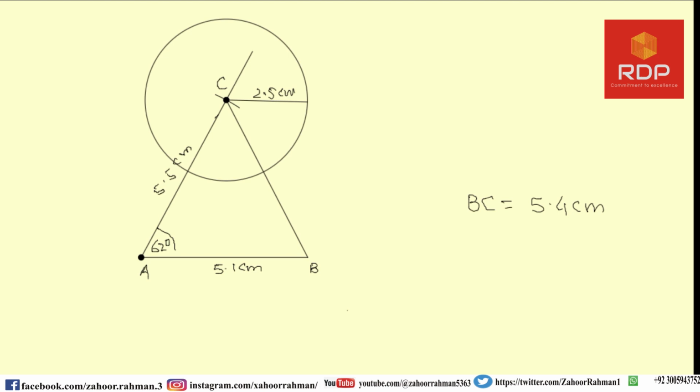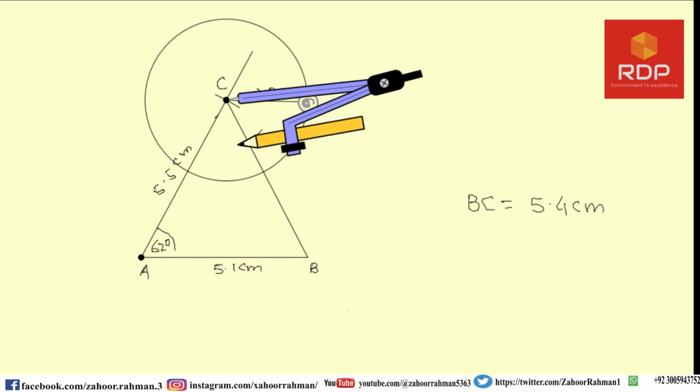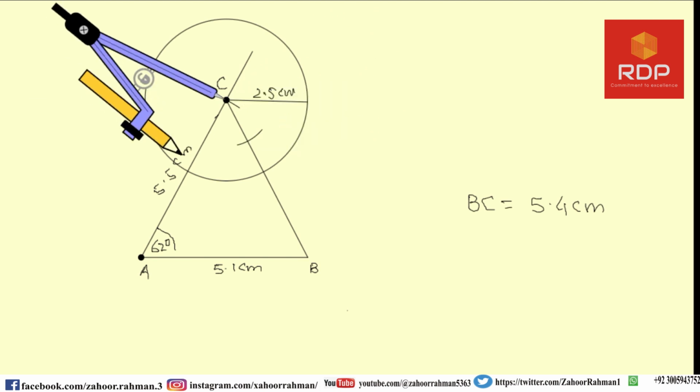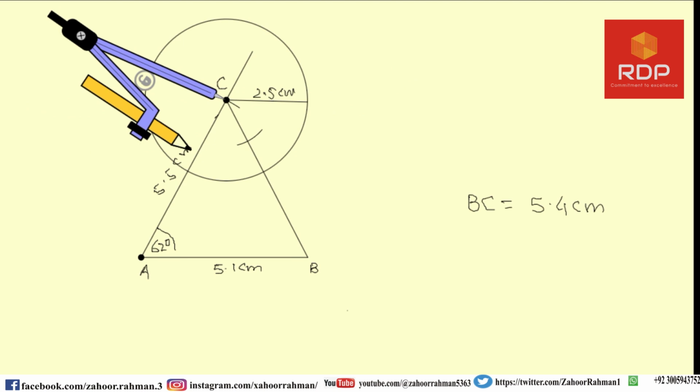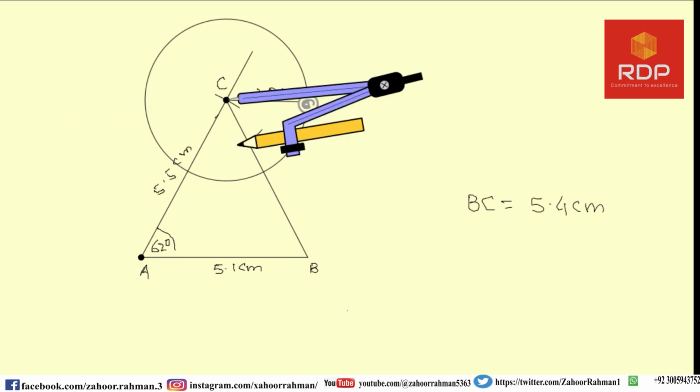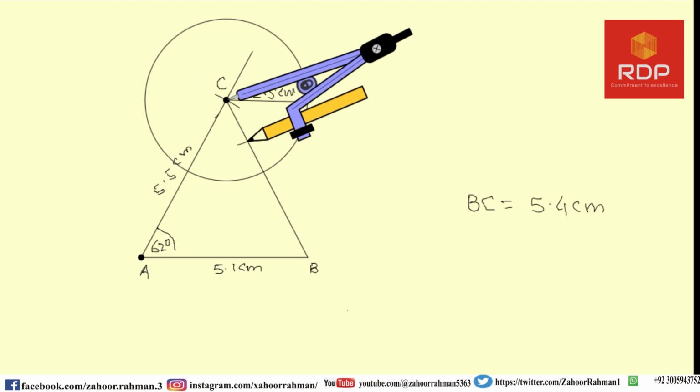Then in the third part the question is saying construct the angle bisector of ACB. So I have to construct an angle bisector here. First of all, I have to make an arc and then move the pencil. Oh, I have not locked it, so let us lock it.